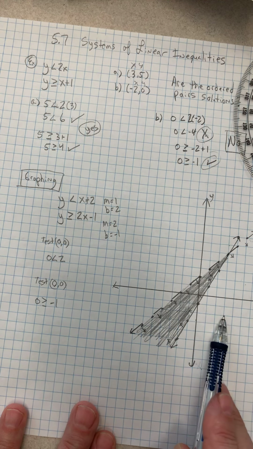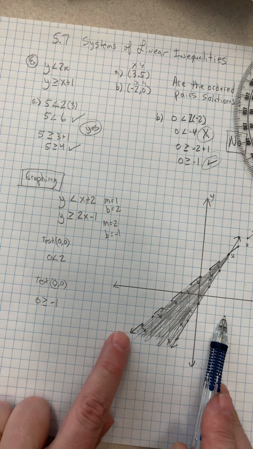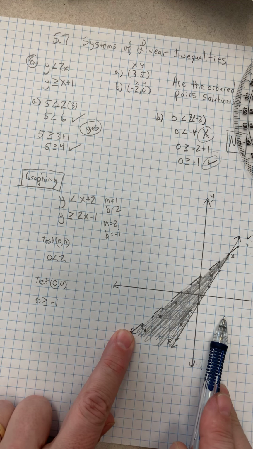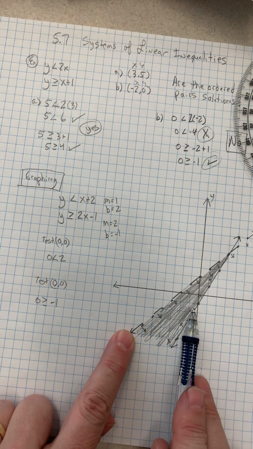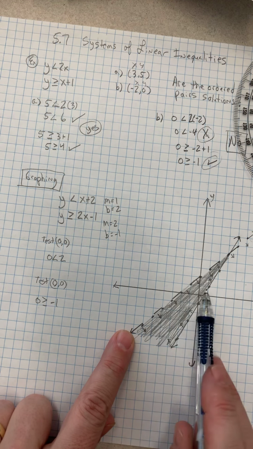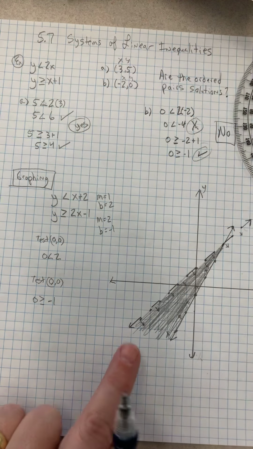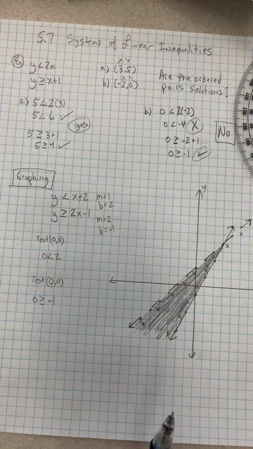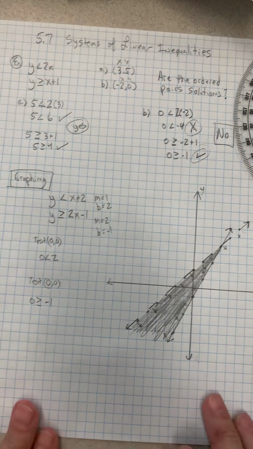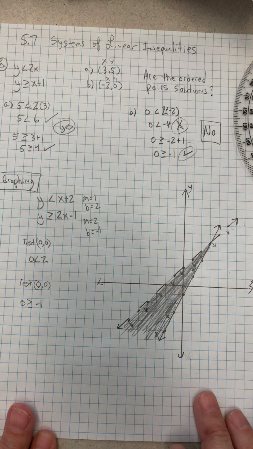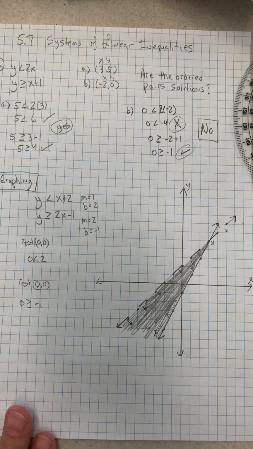If I choose a point out here, it's going to be true for my first one, y is less than x plus 2, but it's not going to be true for this one. The only points that work for both of them are what lies in that double shaded region. And that's how we do those systems. Break it down, do them step by step, and then get what they have in common.